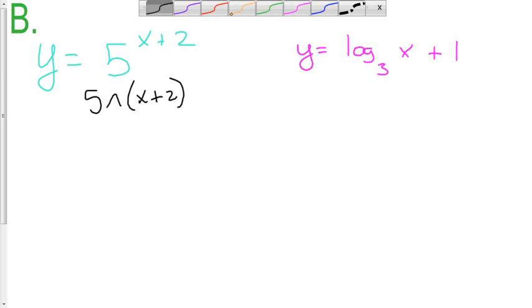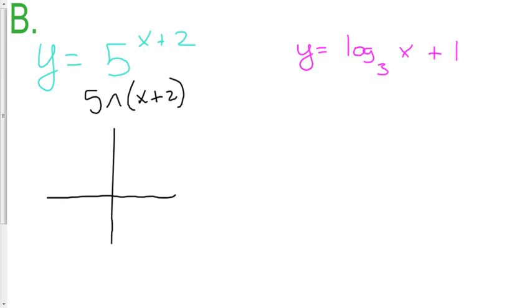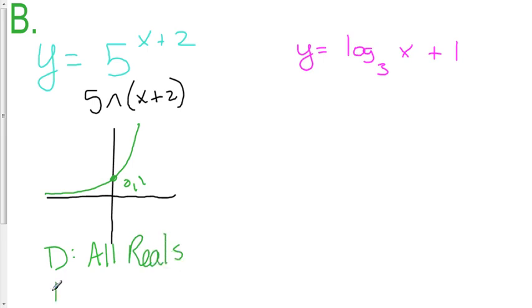This type of function is an exponential function, so when you're graphing it, it would look like this. That coordinate right there would be 0, 1 in this case. And the domain would be all reals, and the range would be all greater than 0.